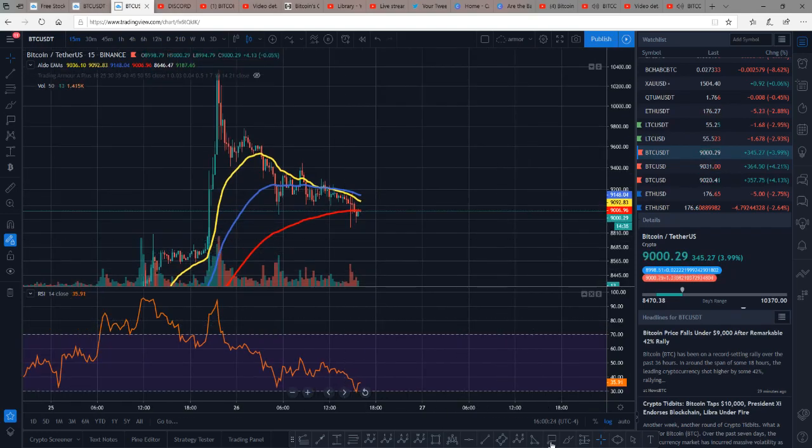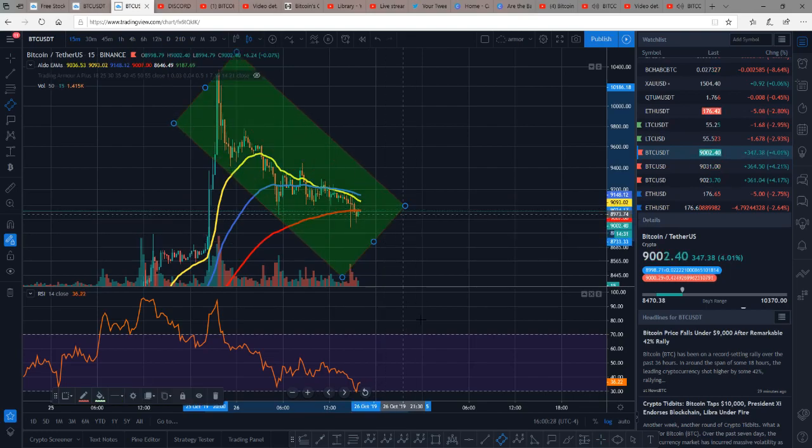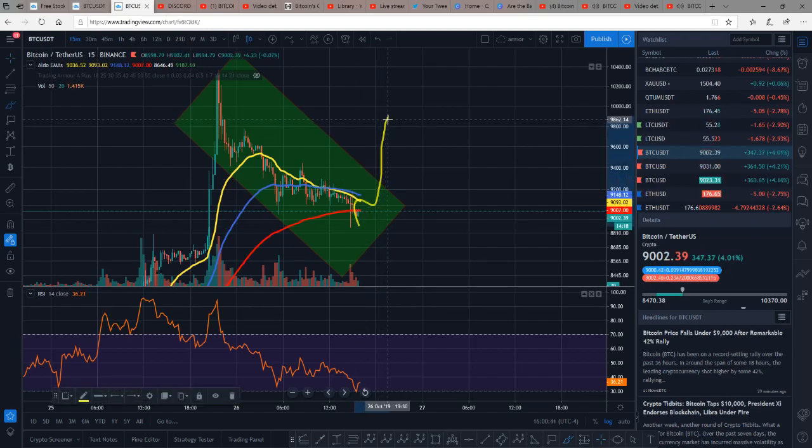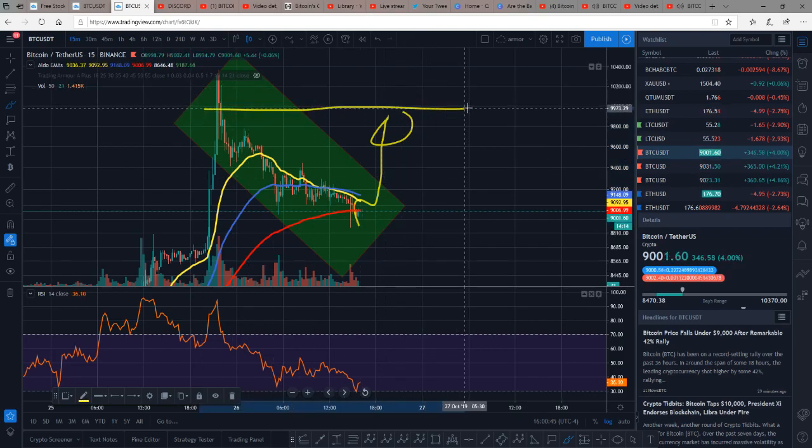So now let's take a look at the 15-minute time frame. In today's content, we're just going to talk about BTC to make it a very short live stream and see where we could be heading, at least in the short term. Take a look at the pattern we currently have on the lower degree. It is similar to what we got on the higher degree.